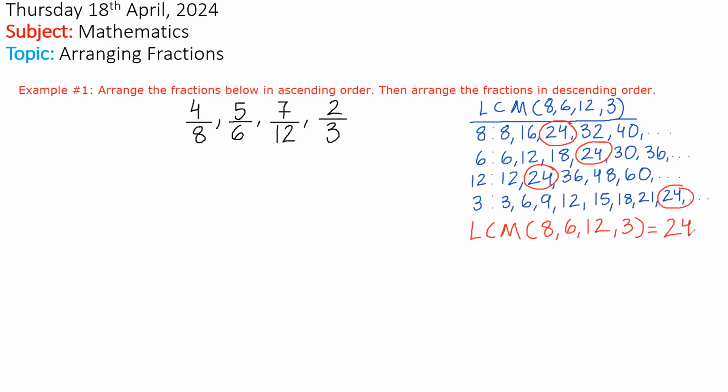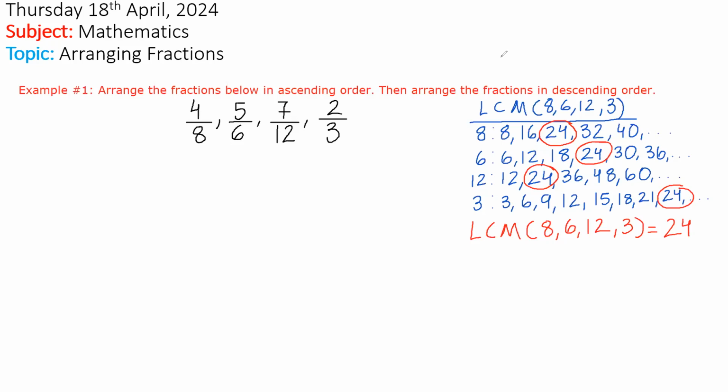Now that we know the lowest common multiple, we're going to find equivalent fractions for each of these numbers such that the denominators of the equivalent fractions are 24.